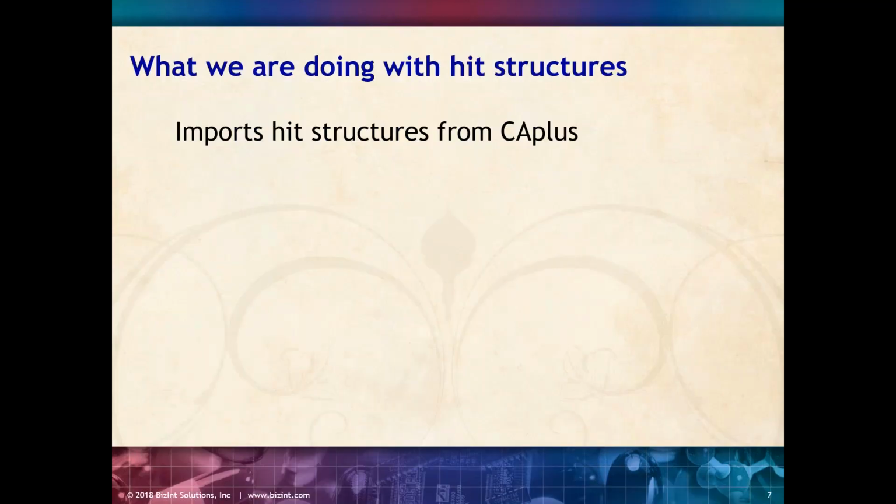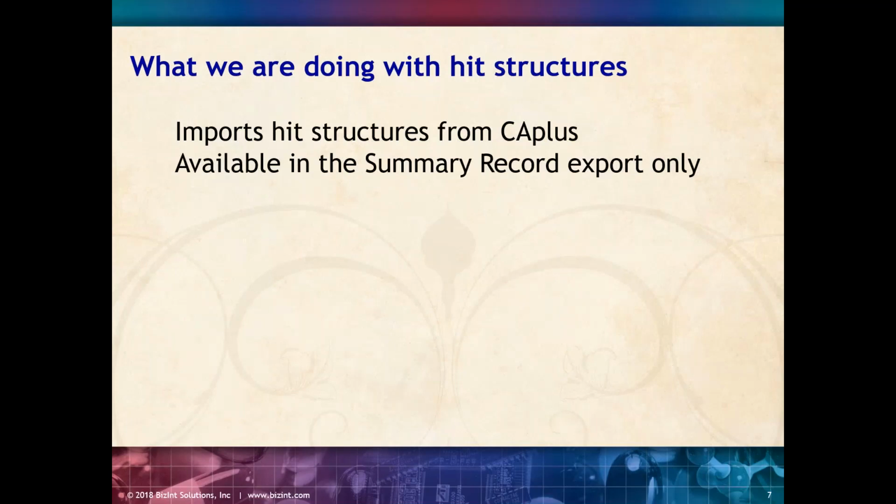So what are we doing? First thing is obviously that we're importing hit structures from CA+. It is only available in what we call our summary records export. And I'll talk a little bit more about this and some of the options later. But essentially, this is taking your table and turning it into what some of our users call note cards.